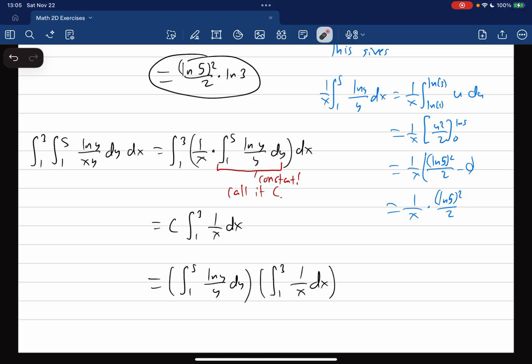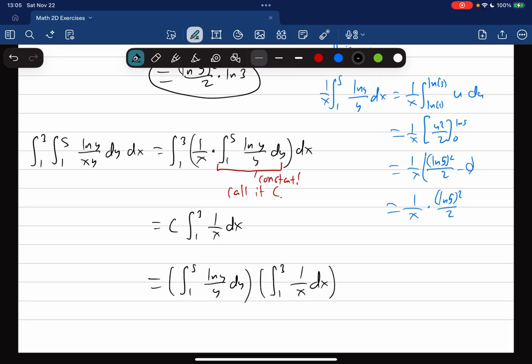But that might lead you to wonder, okay, what's the big takeaway here? Why are you pointing this out? Well, notice that there's nothing special about this ln y or this 1 over x in this procedure.